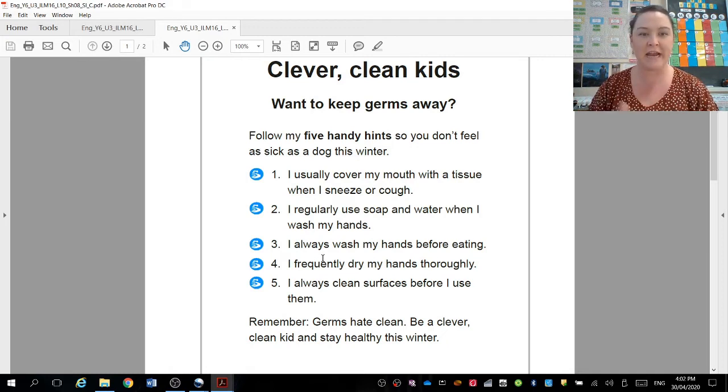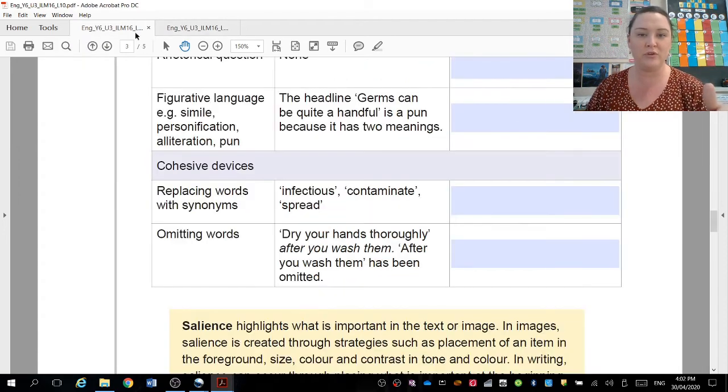So instead of saying I usually cover my mouth, I usually use soap and water, I usually dry my hands thoroughly, they've used those adverbs to ensure that they aren't repeating themselves. Even though they say always twice, they could have said always the entire time, but to make sure they aren't being repetitive, they've used those words.